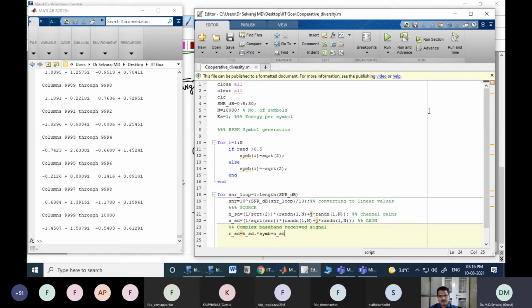So RST is equal to HST into the symbol which we transmitted plus the noise. If you see the command prompt, you can see complex valued numbers. For example, the last value is minus 0.5403 minus i into 0.6129, MATLAB prints like this. So basically, this is a complex number.